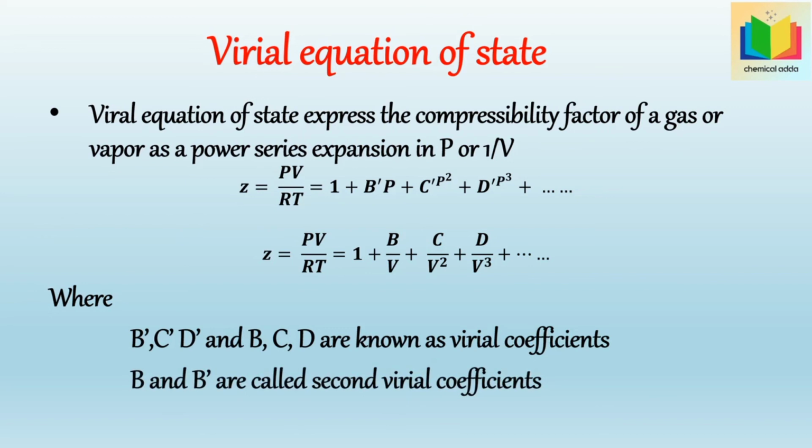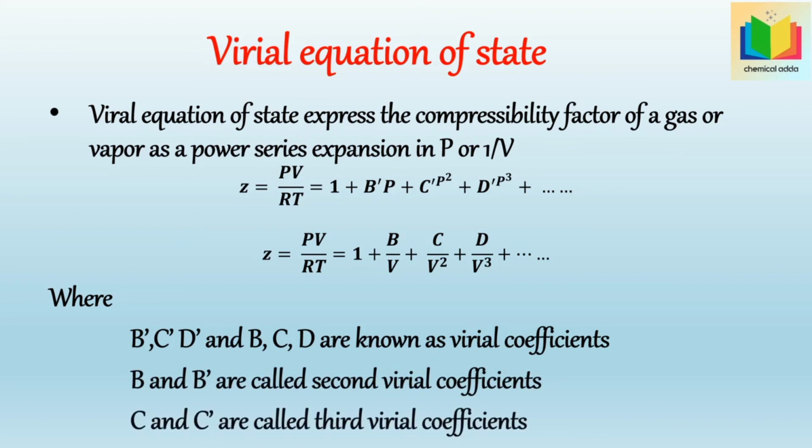And C and C dash are called third virial coefficients, which take into account the deviations from ideal behavior that result from the interactions of three molecules.